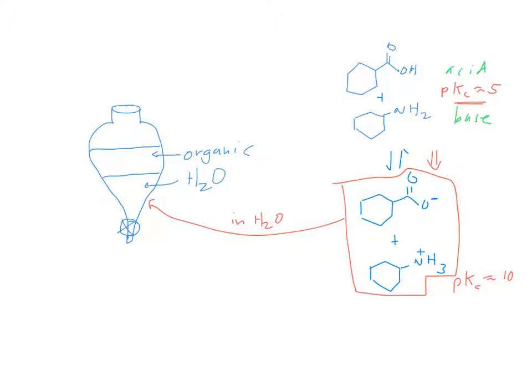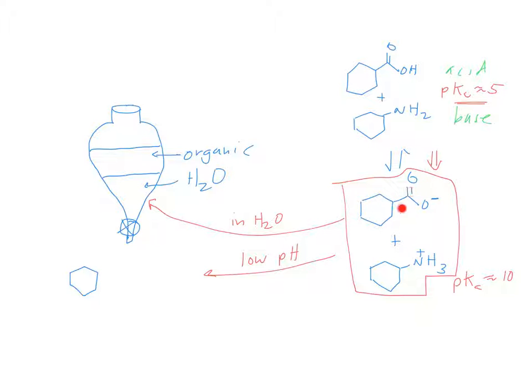We could either make it acidic, so we change the water layer from being neutral to a low pH. And if we do that, what's going to happen to the carboxylate right here? If we take this to a low pH, is this its acidic form or basic form?